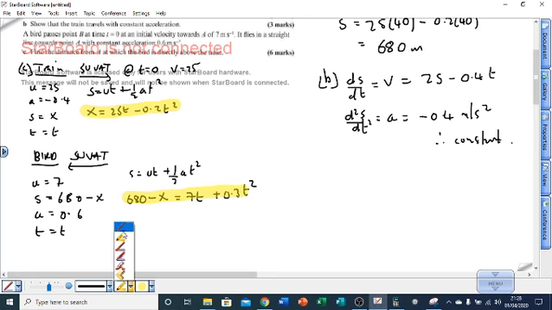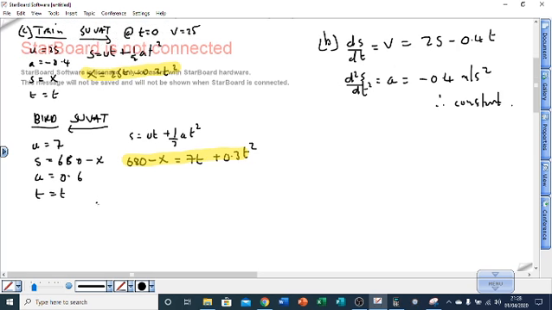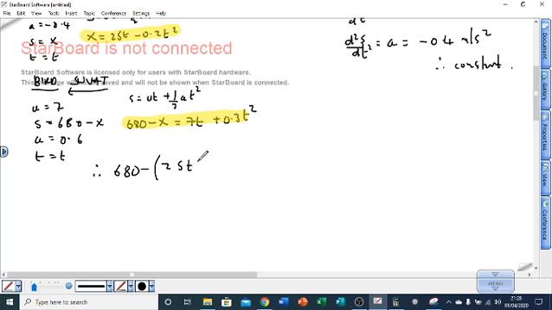So all I'm going to do now is substitute that into there to find the time, because it's a lot easier to do that than solving for t. So therefore I end up with 680, take away, don't forget the brackets because it's going to change the signs of everything here, 25t minus 0.2 t squared, is equal to 7t plus 0.3 t squared.